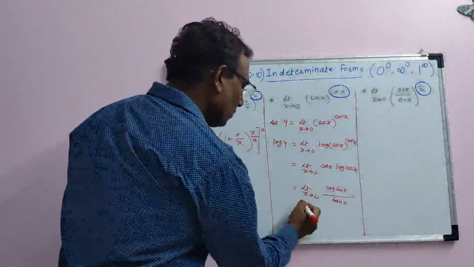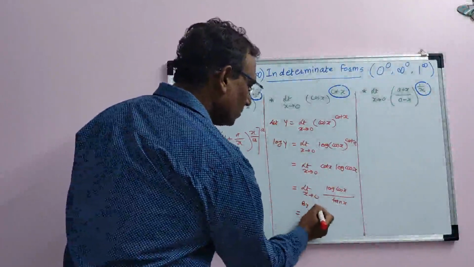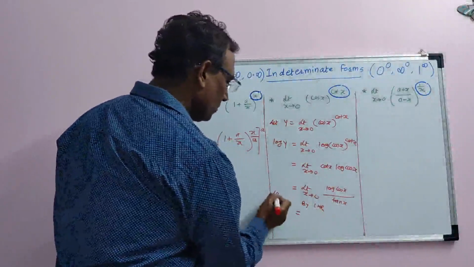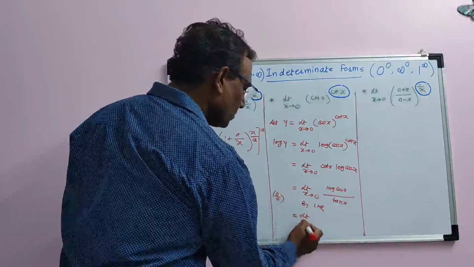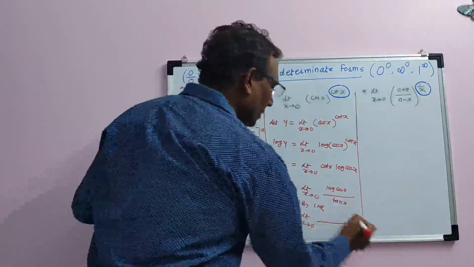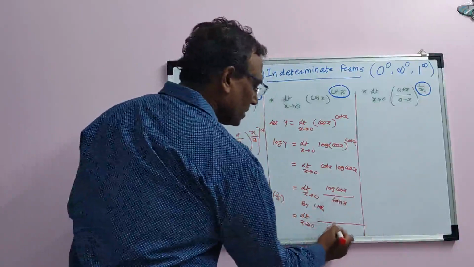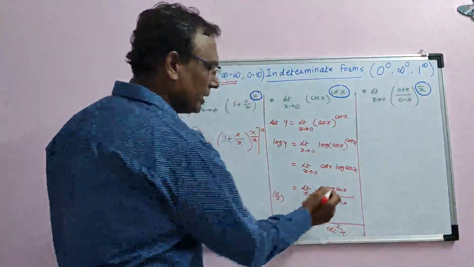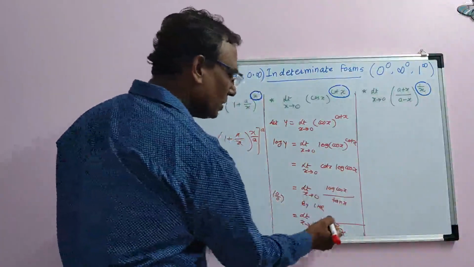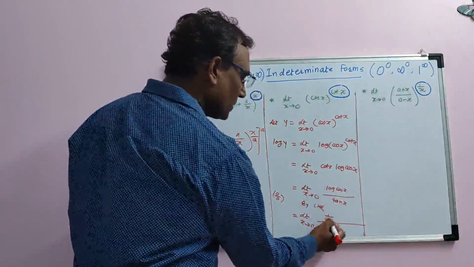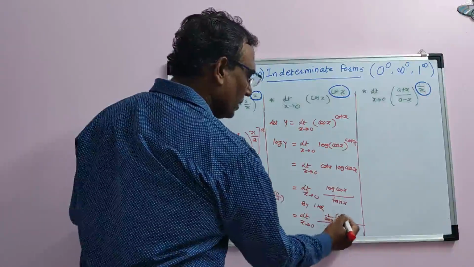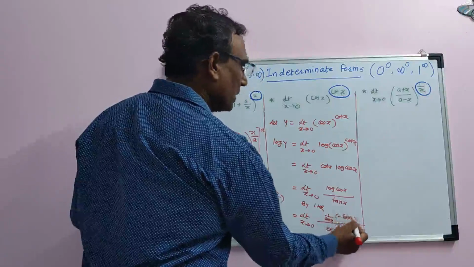Now it is 0 by 0 form. By L'Hospital's rule, limit x tends to 0, the derivative of this is sec square x, and the derivative of log cos x is what? 1 by cos x, and the derivative of cos is minus sin x.